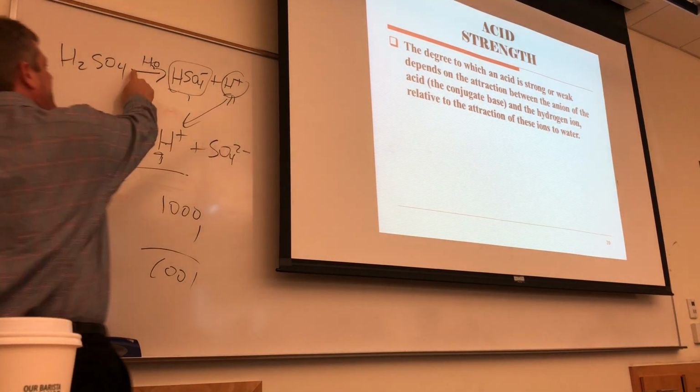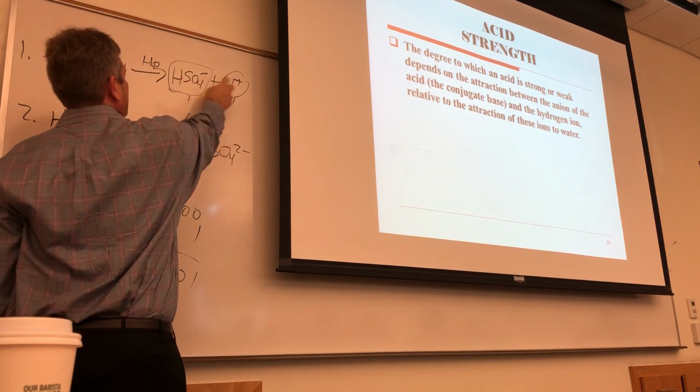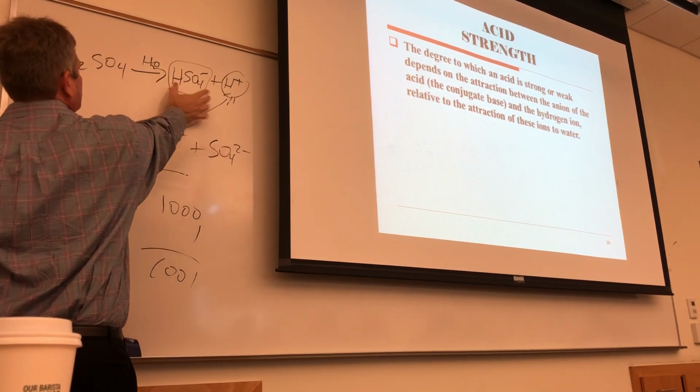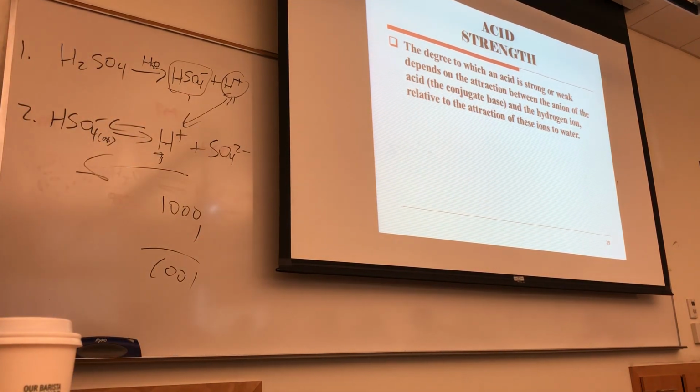If the H2O can outcompete this, that's a strong acid because a lot of that comes off, which means that this is a weak bond. Weak or strong? Weak. Right. That's what makes it a strong acid. That's the thing I talked about earlier.